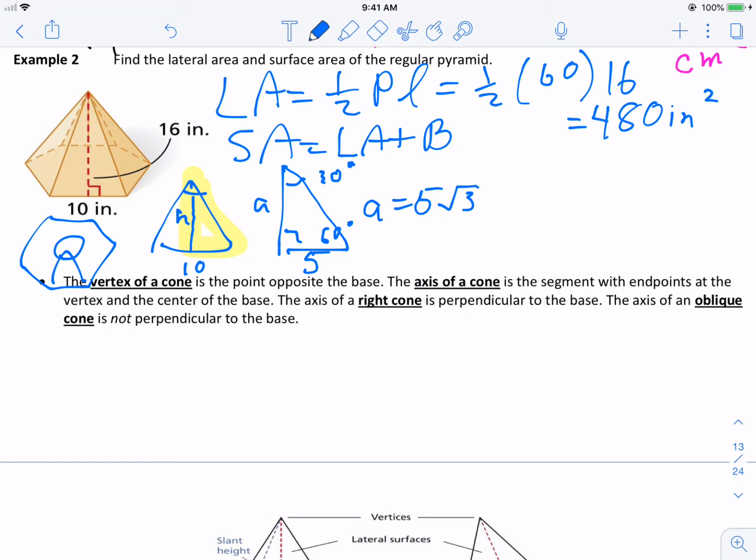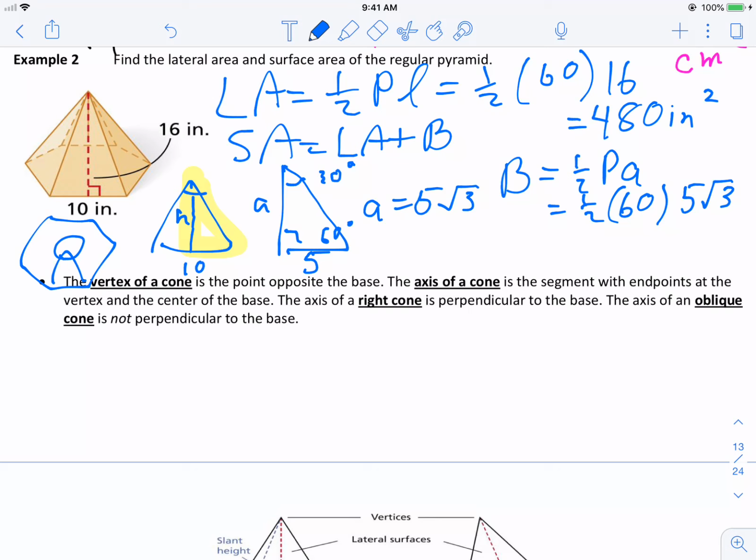And that's helpful because our base area, we remember our equation for area of a regular polygon, 1/2 the perimeter of the base times the apothem. So 1/2 perimeter, we can reuse that. It's still the perimeter of that full regular hexagon times this newly found apothem of 5√3.